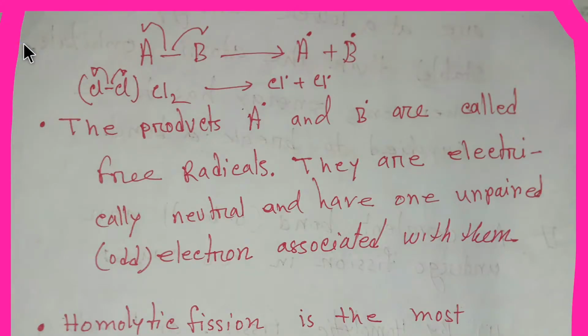Well, here is a specific example, chlorine, right? By homolytic fission, we are getting chlorine free radicals. The products are called free radicals. They are electrically neutral and have one unpaired or odd electron associated with them.